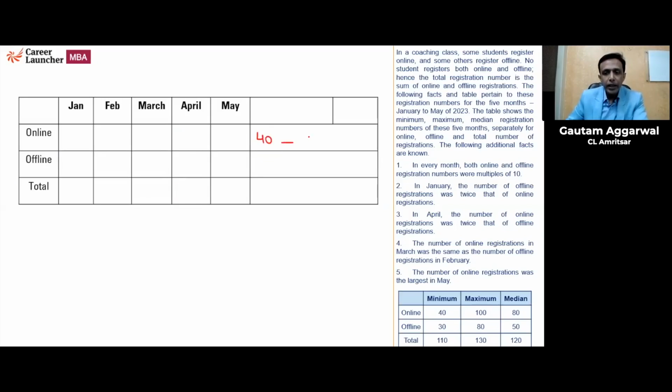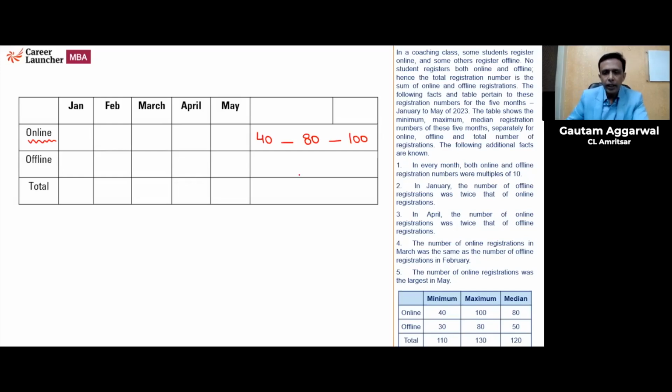The median, that means the middle when arranged in ascending or descending order, has to be 80. And the maximum has to be 100. So out of the online registrations in 5 months, one of the figures has to be 40, one has to be 80, and one has to be 100, and the other two figures have to lie between 40 and 100, with a fundamental condition that the median has to remain 80.